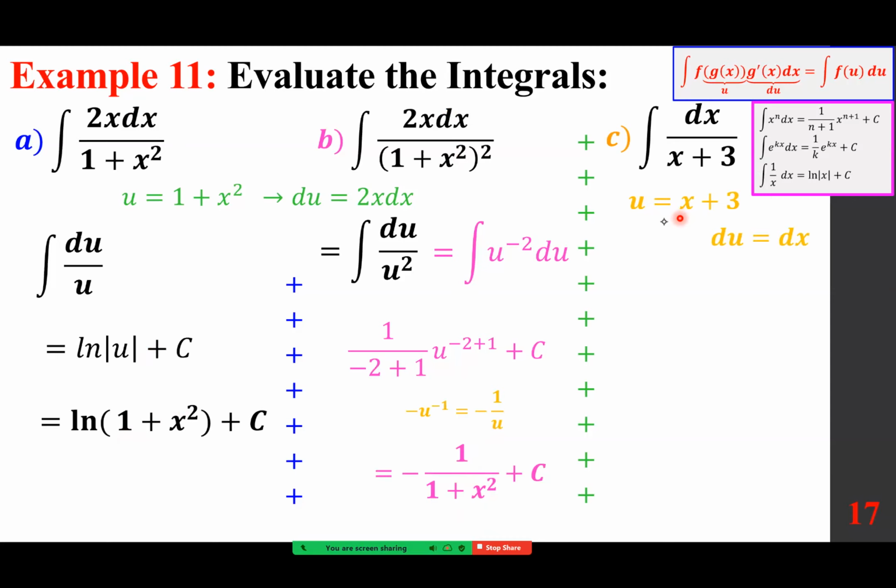So what you're dealing with is the integral of du over u. And that, we know the answer is a natural log. U will be replaced with x plus 3. And that's the final answer.